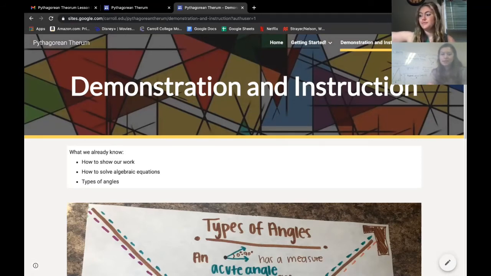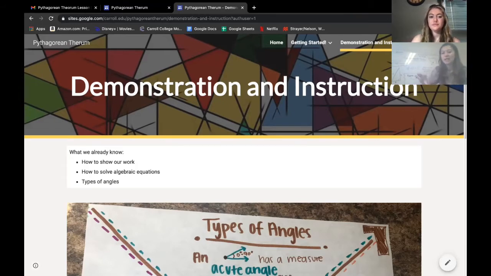Okay, so we already know how to show our work. That's pretty simple. We're going to lay out all the steps so you can see it and I can see it, and we know that we're getting the theory. You already know how to solve algebraic equations, so that's using our PEMDAS. And our equation, remember, is a squared plus b squared equals c squared.